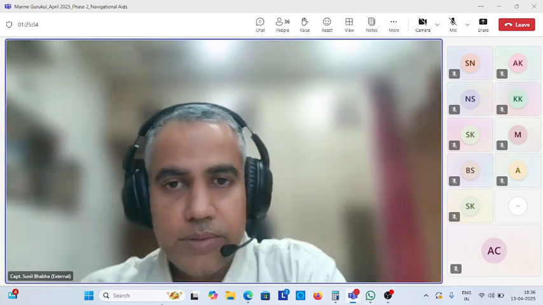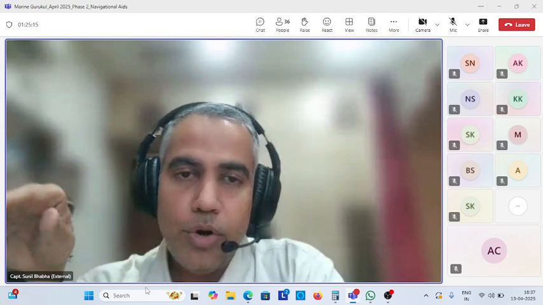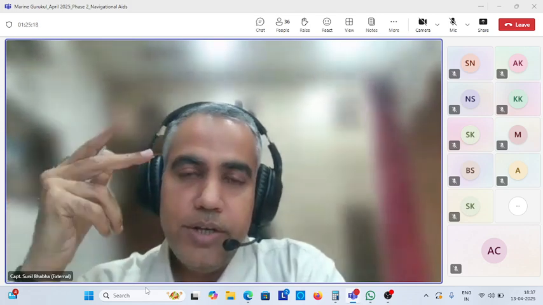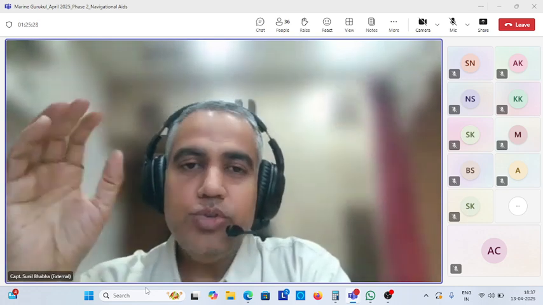So the first doubt which comes to our mind is that if we have two targets, in single target we could make this CPA circle, new line of approach, and we could modify the OAW triangle. Now in the two target scenario, the first doubt which comes to mind is with which target we should do that modification, target A or target B. So first we need to make one of those targets our priority target.